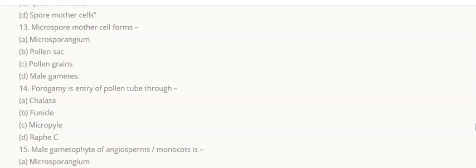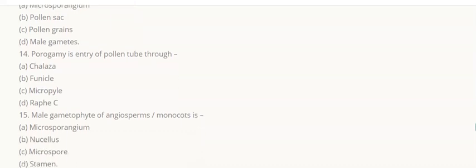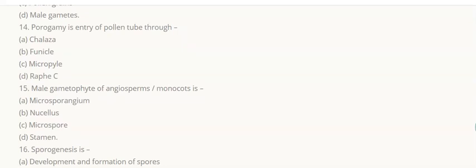Then we move to our 14th question. Porogamy is entry of pollen tube through. So here we find four options: A. chalaza, B. funicle, C. micropyle, and D. raphe. If you see the structure of the embryo sac, all three possibilities are there.